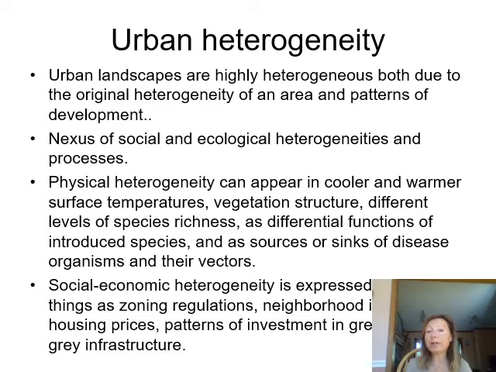Social and economic heterogeneity is expressed in things such as zoning regulations and housing prices and neighborhood regulations and patterns of investment, and of course the distribution and patterns of green, blue, and gray infrastructure.